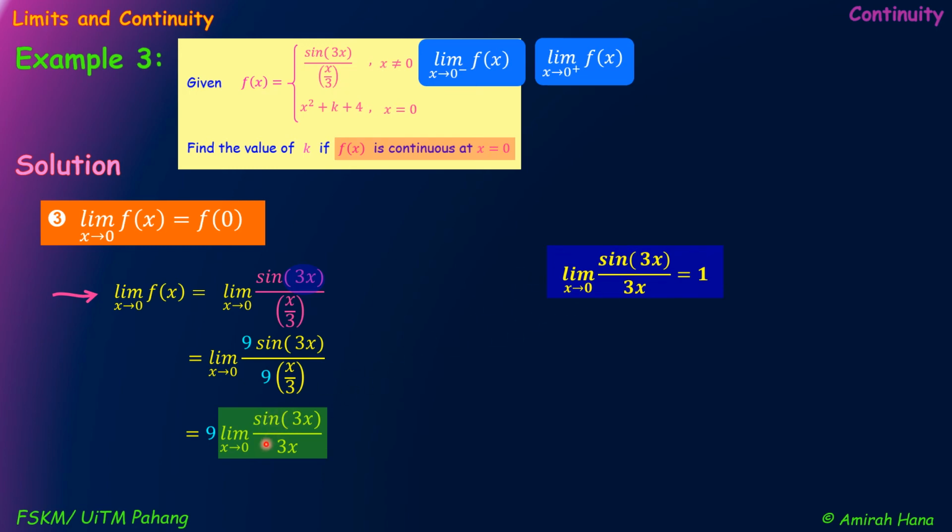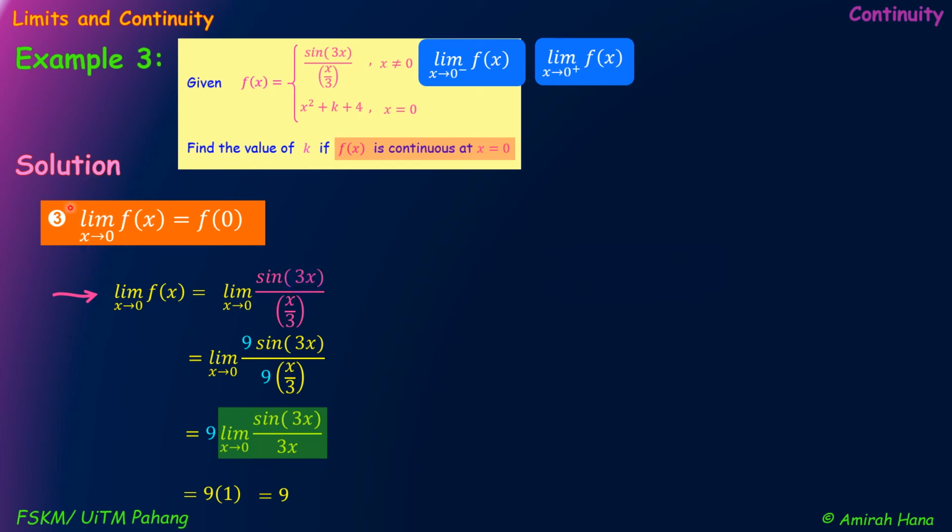These are equal, so we can say the limit as x approaches 0 of sine 3x over 3x equals 1, and 9 times 1 equals 9. So the limit as x approaches 0 of f(x) equals 9. Got it?